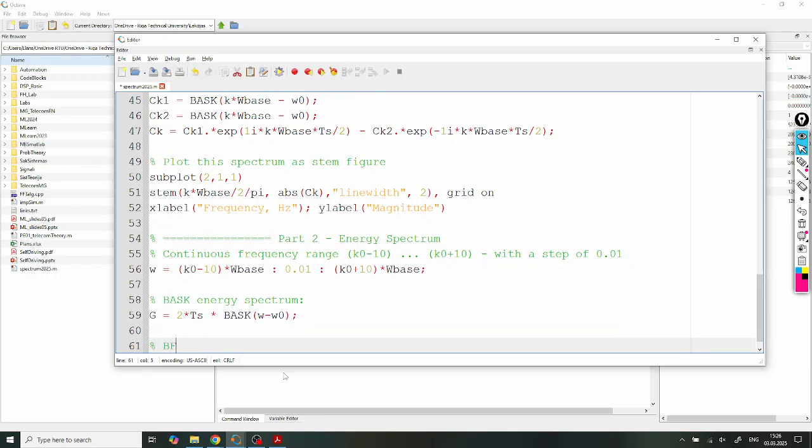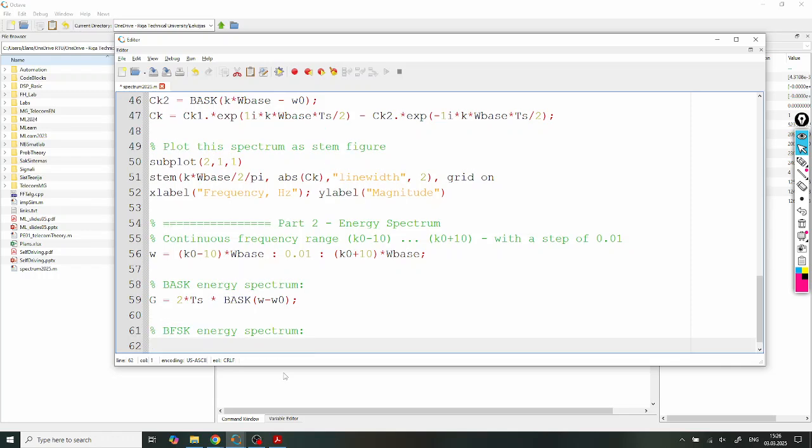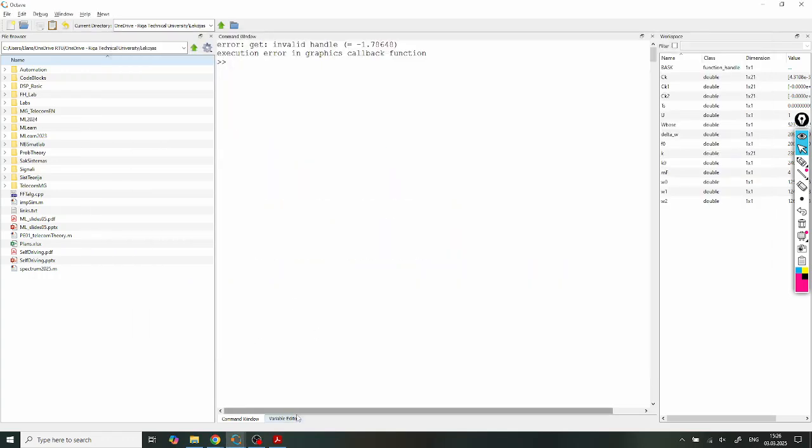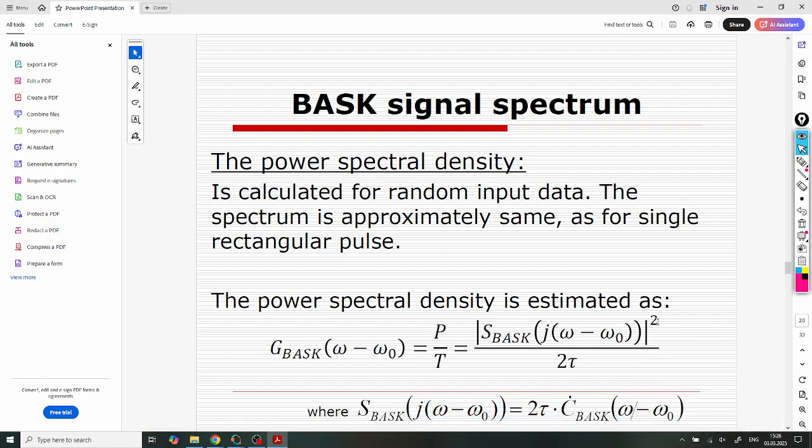If we want to calculate the BFSK energy spectrum, then G is going to be also double TS multiplied by 2 BASKs, BASK omega minus, wait a minute though, we have missed something, we also need to have a square here, yes, and divided by 2 tau. Let's think a little bit about this.